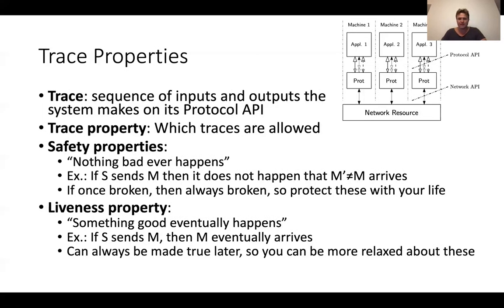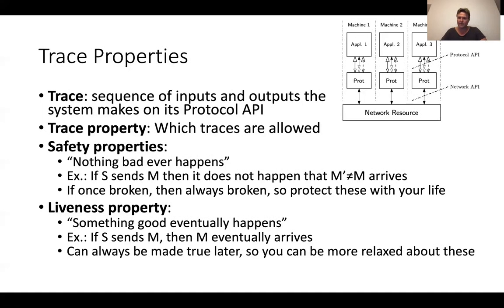And the main distinction is safety focuses on stuff we do not want the system to do, whereas liveness focuses on stuff we would like the system to do eventually. And it turns out that it's very important to keep a distinction between these. So sometimes we also say safety properties are phrased in the sense that nothing bad happens.